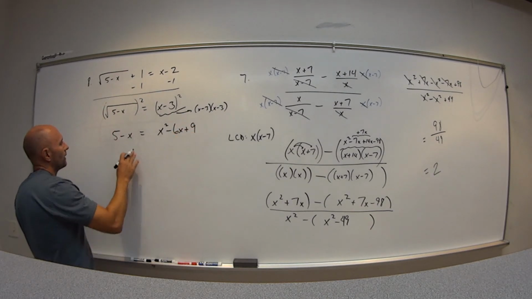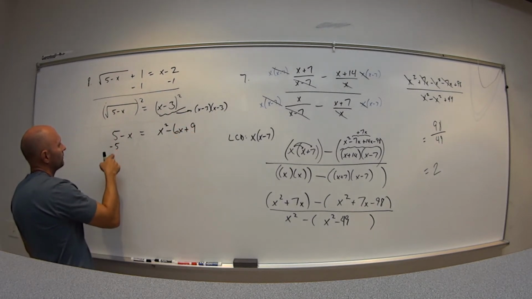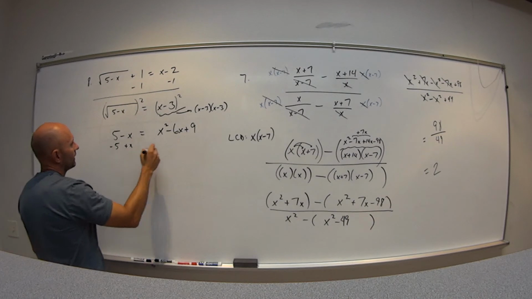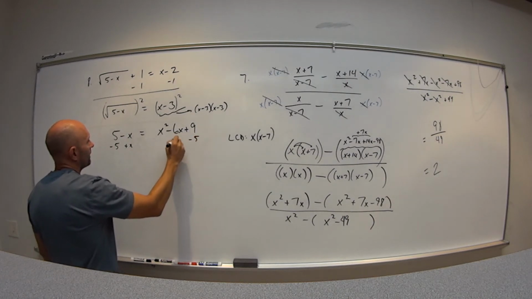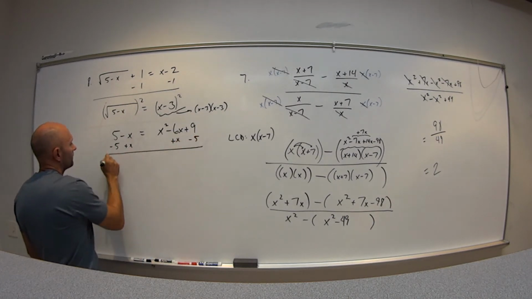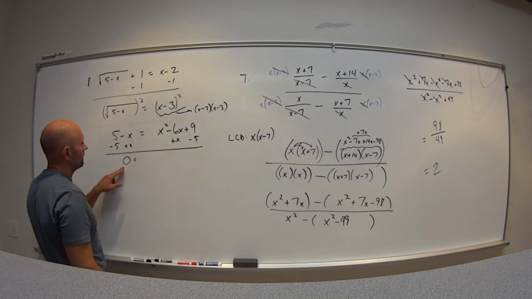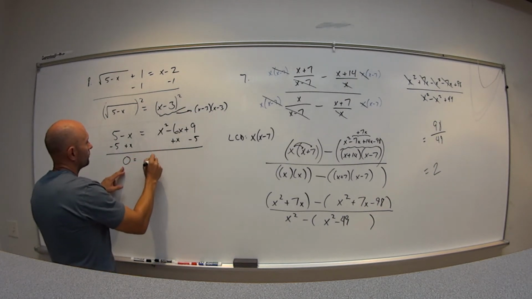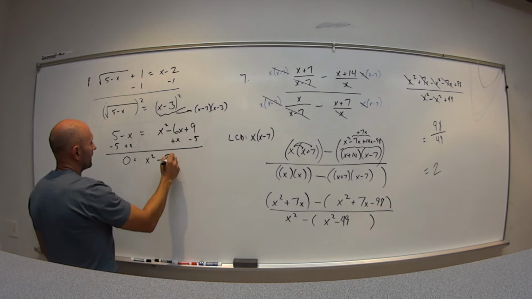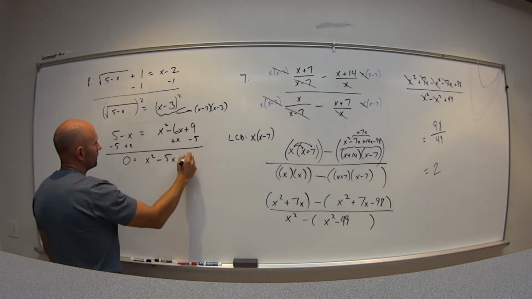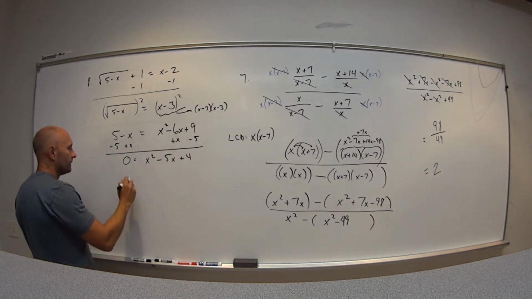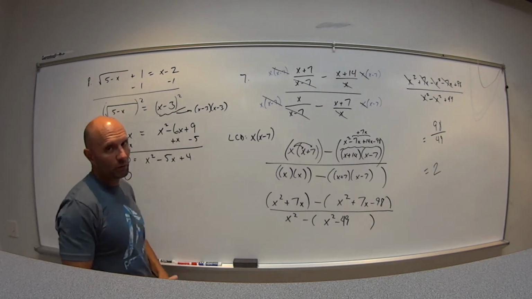So let's get everything on the right, 0 on the left. So I want a minus 5 here and plus x. So minus 5 and plus x. So I get 0 on the left. Then I get x squared minus 5x plus 4 is 0. And then I can solve in a couple different ways.